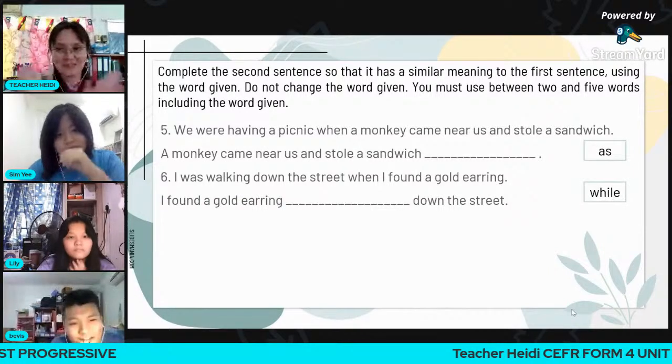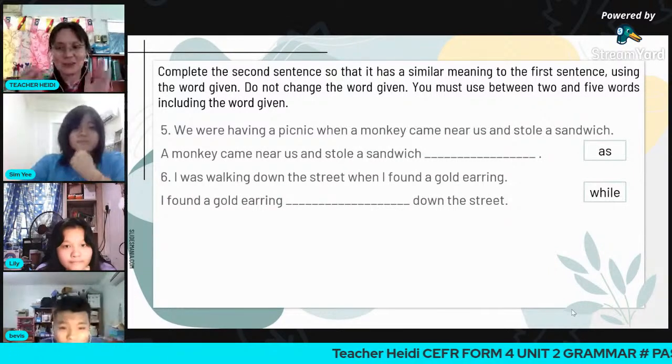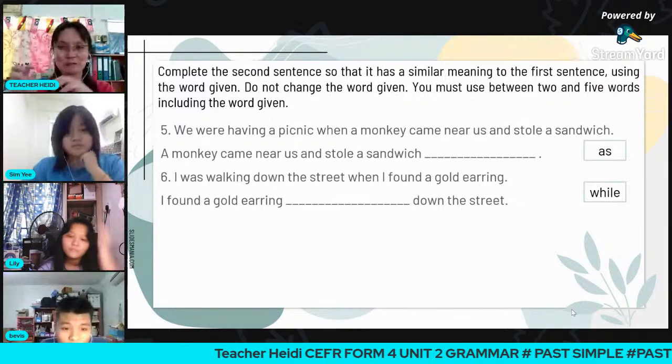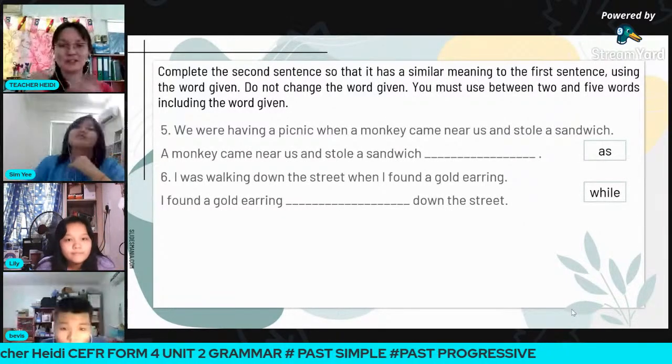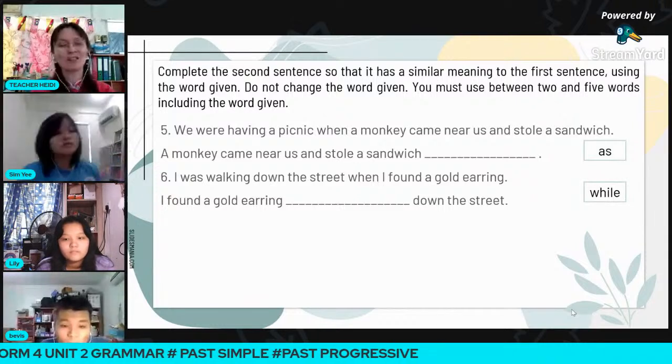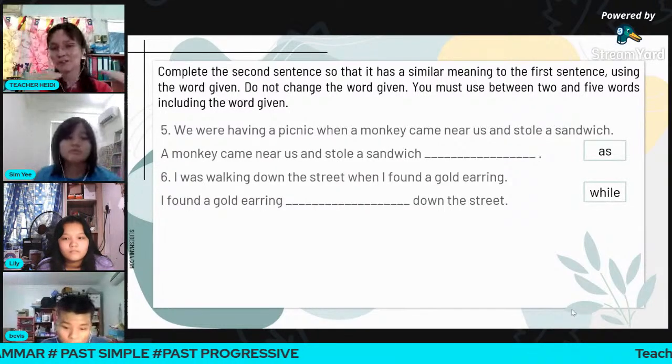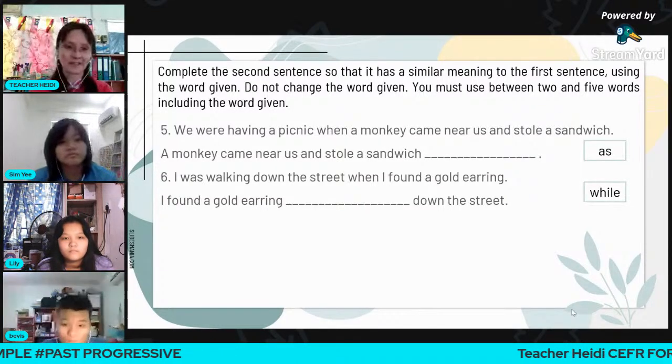How about this? Using the word as. Okay, I hope now you can see the picture, how to combine two tenses with the relative clause. If you don't use the relative clause, you have to be consistent with your tense.